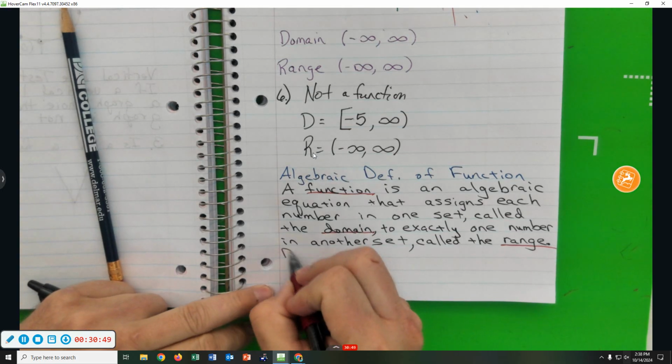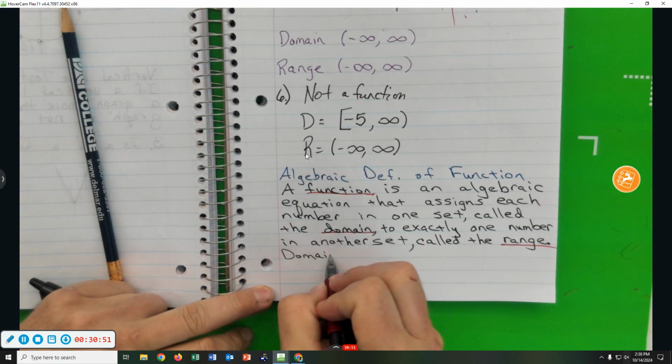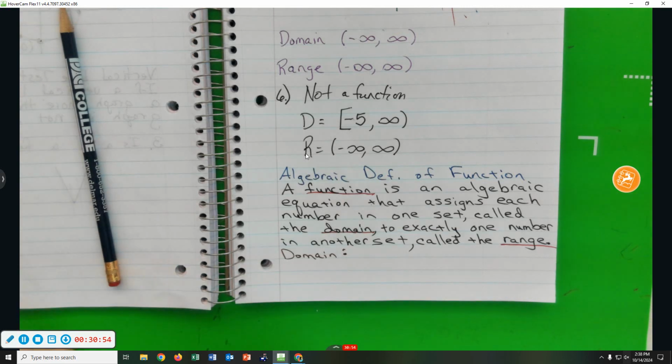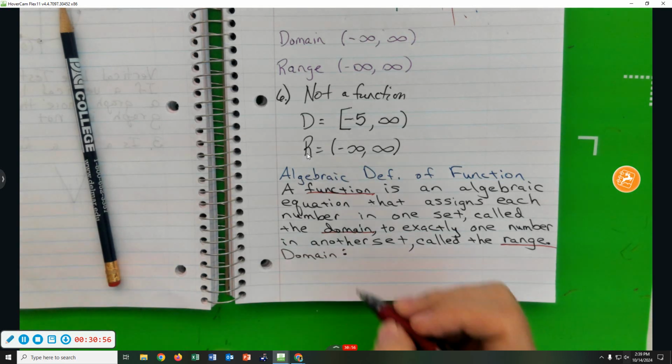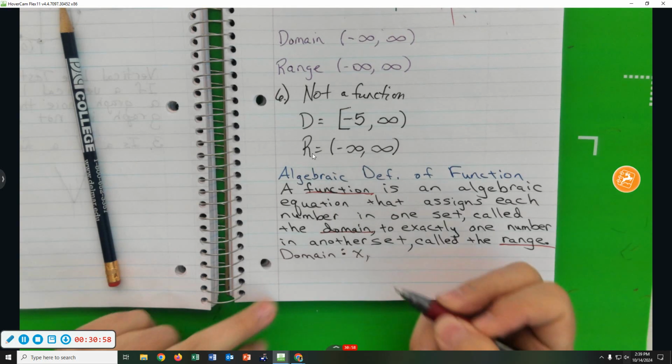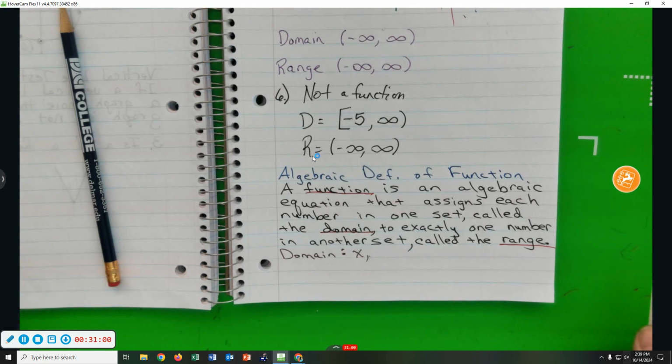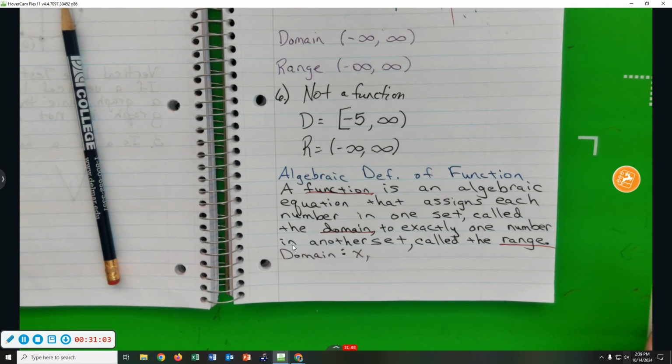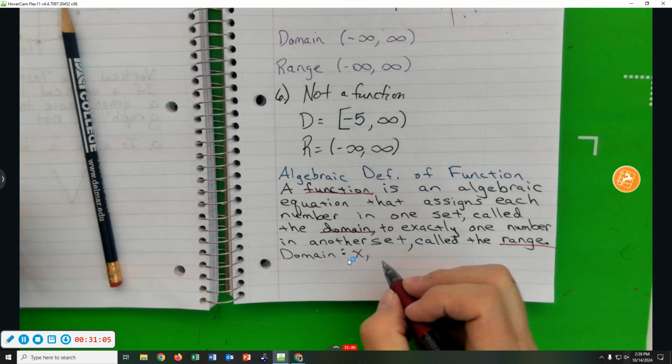The most common letter that we're going to use to represent domain values is x, because our ordered pair definition says the function is the set of all x values. But you could use any letter.